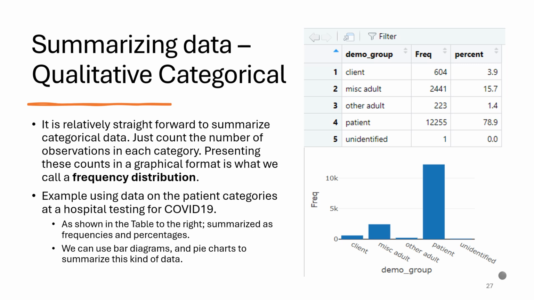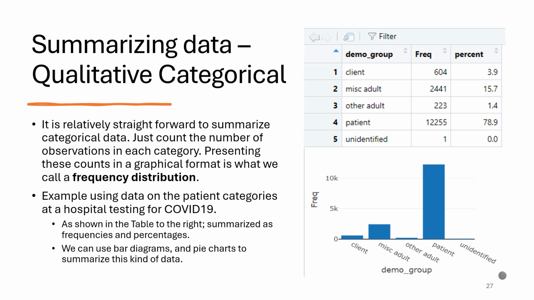Example, using data of patient categories at a hospital testing for COVID-19. You can see in the table we have clients, then we have the demo group, which group they belong in, the frequency and the percentages, right?